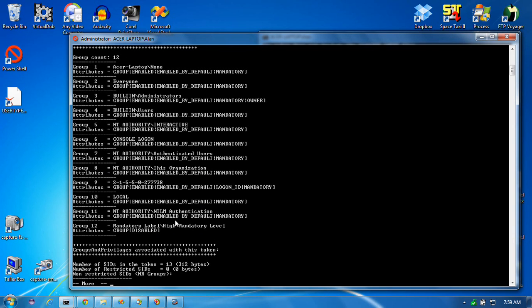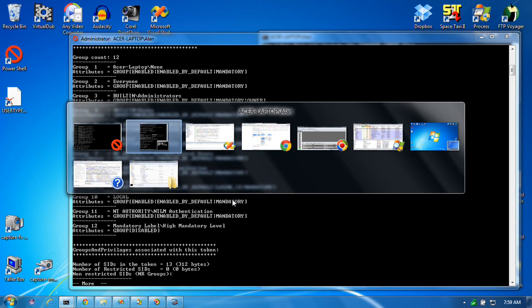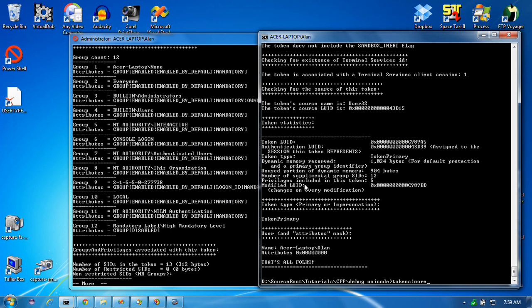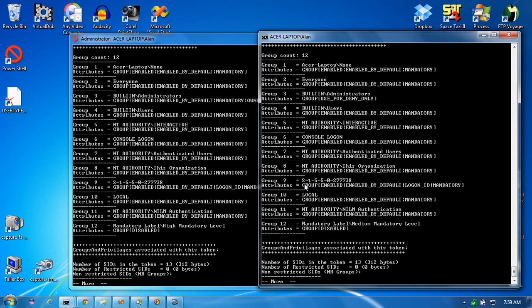And it's not this. Everything else, as far as the groups go, is the same, except one is in the administrators group and one is not. They're both in the Logon, console Logon session. They both have the same Logon IP. Right?